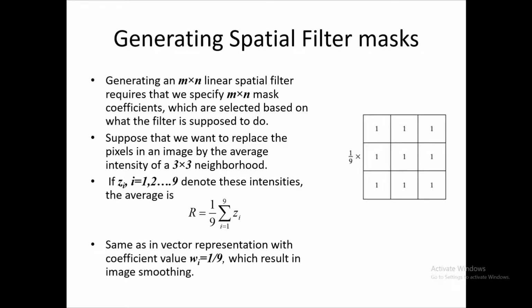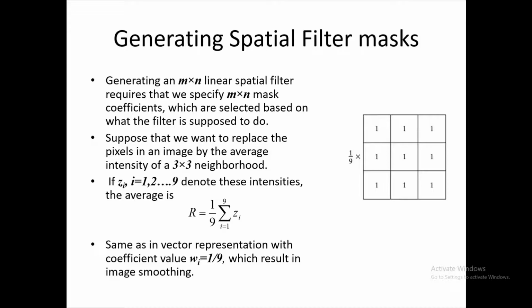So suppose that we want to replace a pixel in an image by the average intensity of a 3 by 3 neighborhood. Then if zi, where i ranges from 1 to 9, denotes the intensities of the image, the average is just the sum divided by 9.